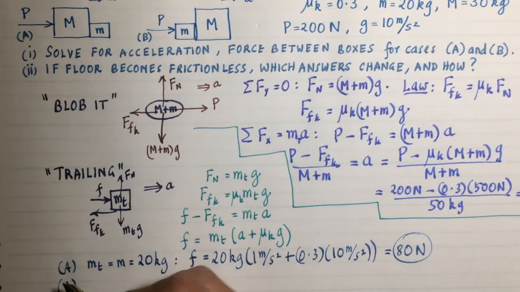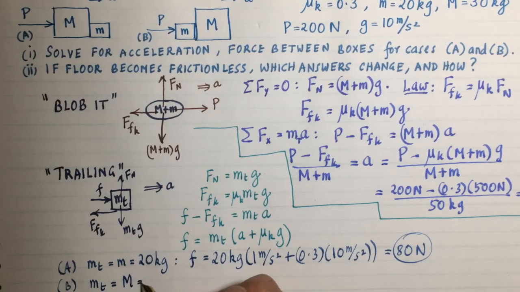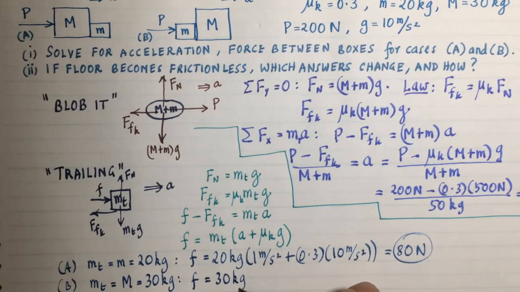What happens if you push the lighter one and let the heavier one trail? Then mass trailing is capital M, which is 30 kg, and then F will just be 30 kg times everything else is the same.